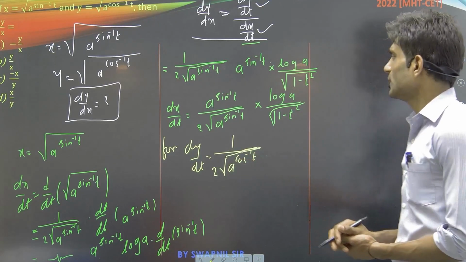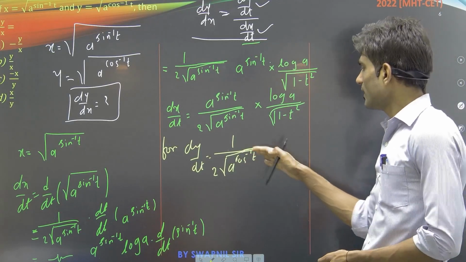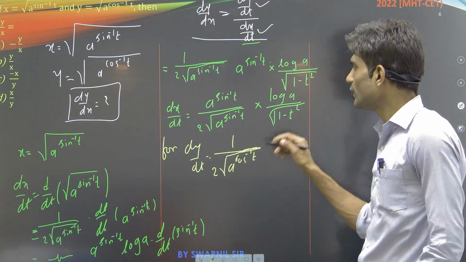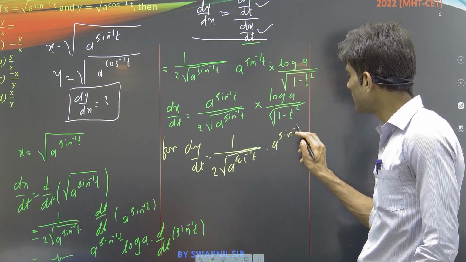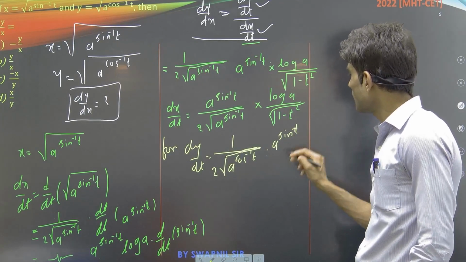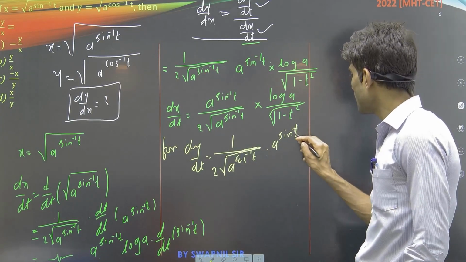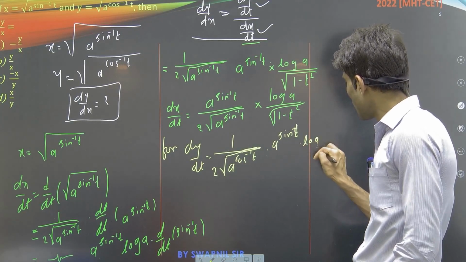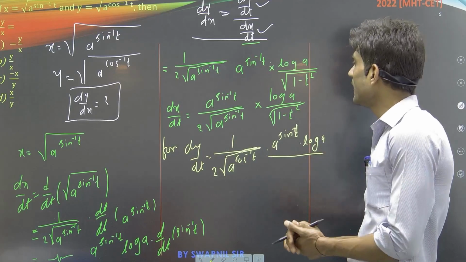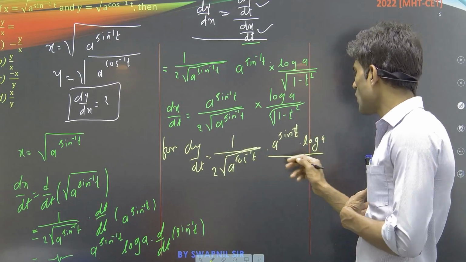After that, the differentiation of a to the power x is a to the power x log a, and this is divided by the differentiation of cos inverse of t.